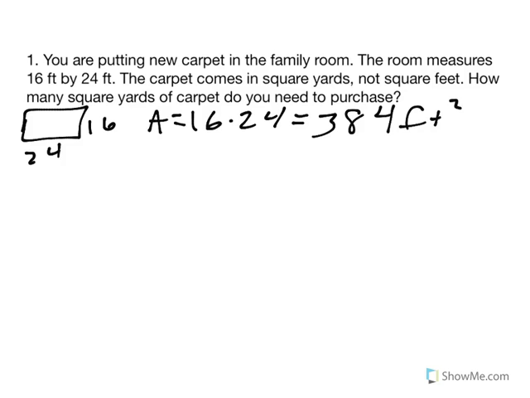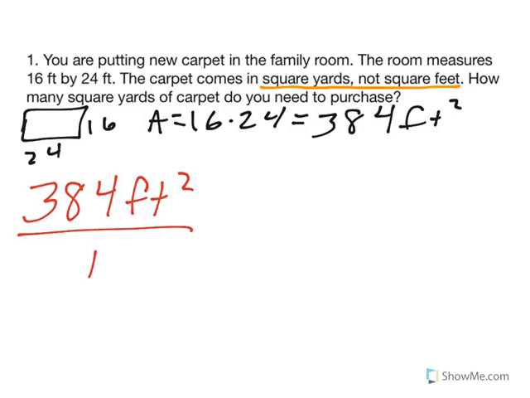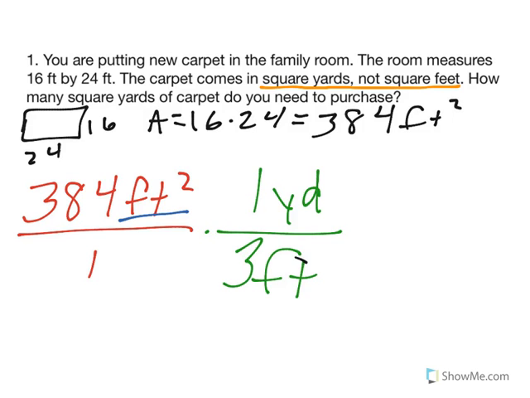Now we can say, let's change that square feet to square yards, because that's what we need, square yards, not square feet. So again, with our conversion, we start with what they give us, and in this case, we have 384 feet squared. Remember, feet squared means there are 2. So when I do my conversion, 3 feet is 1 yard. This feet gets rid of one of them.